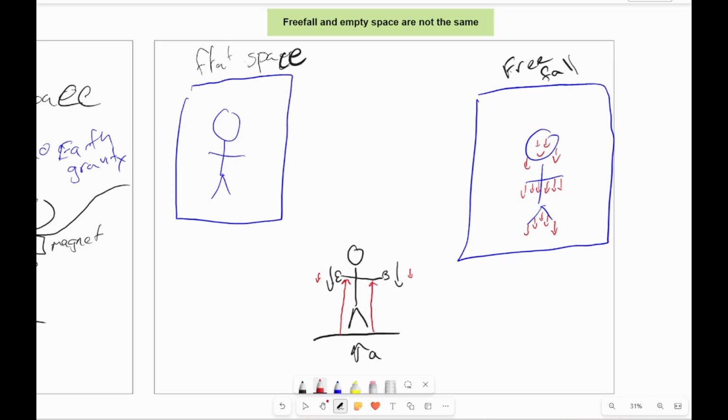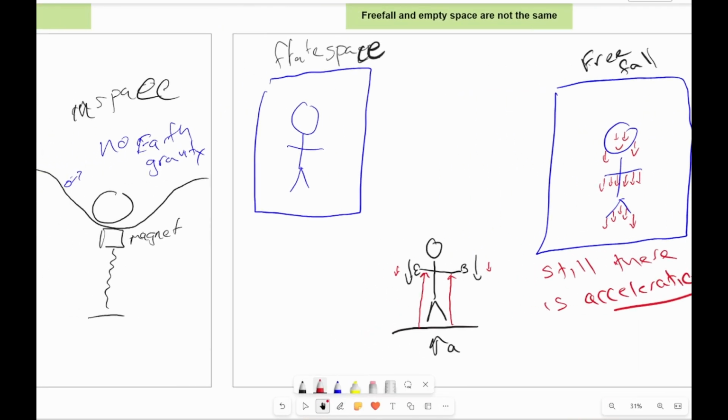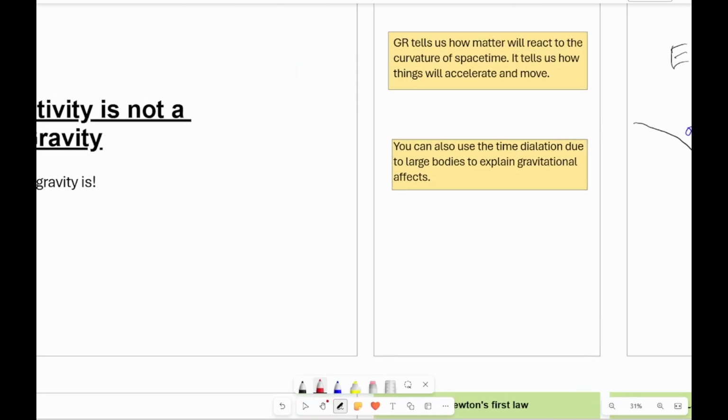So we can't get around that. So there's still that acceleration that we need to account for. I don't know, maybe that will make sense down the road, or maybe that's just a waste of time. But anyway, that's a thought.